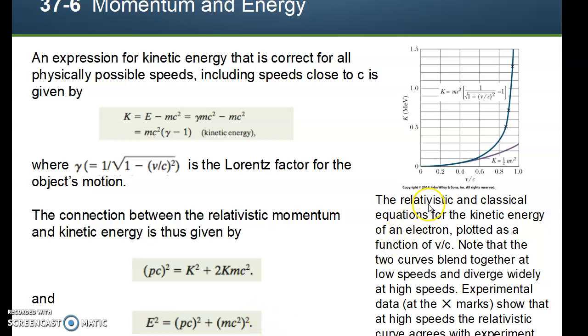So the relativistic and classical equations for the kinetic energy of an electron are plotted as a function of v/c right here. This would be the classical curve, and this is what happens under the relativistic one, curving up this way, right? Note that the two curves blend together at low speeds. You have to get up to 0.6 times the speed of light for there to be a divergence here.